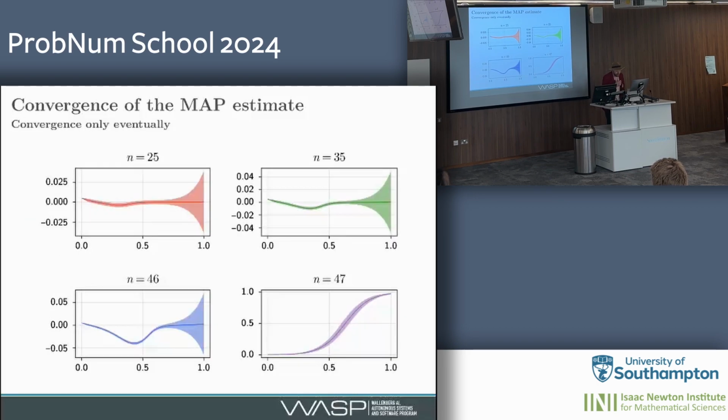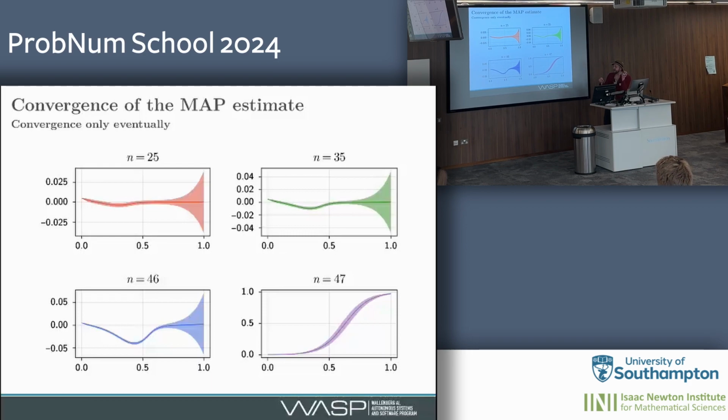Now, is the MAP estimate good? Well, only eventually. So here I solve, I think, a logistic ODE, and I have a really tiny initial condition. Essentially the logistic ODE is just a quadratic, x times 1 minus x.